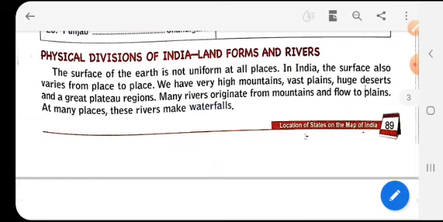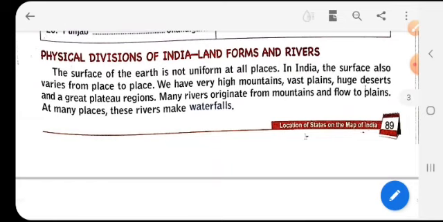So, in our country we have all kinds of physical features. We have very high mountains like the Himalayas. The highest peak is Mount Everest or K2. We have vast plains and huge deserts, that is the Thar desert in Rajasthan.